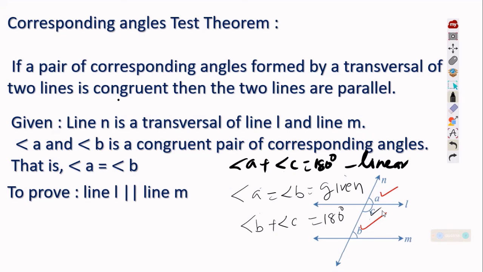It proved that the interior angles have a sum total of 180 degrees. From this we can say that the corresponding angles are congruent and line L is parallel to M. So this way we can test whether the given lines are parallel to each other by testing whether their corresponding angles are congruent.